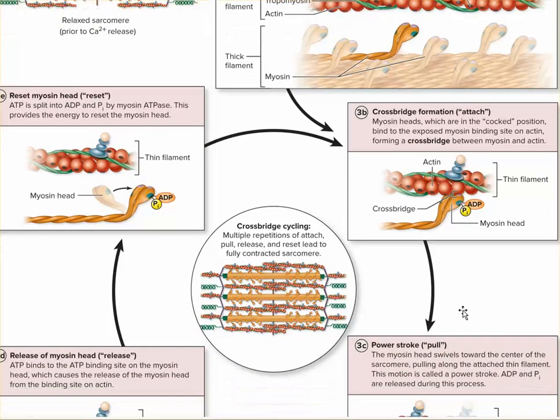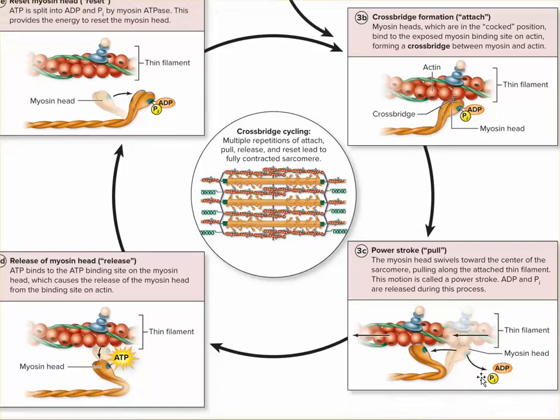When the ADP and P leave, the head moves from its extended to a flex position, pulling the actin molecule along with it, pulling the thin filament towards the midline. And it will stay that way until an ATP attaches. Now, the myosin can't be attached to actin and ATP at the same time, so it disengages.